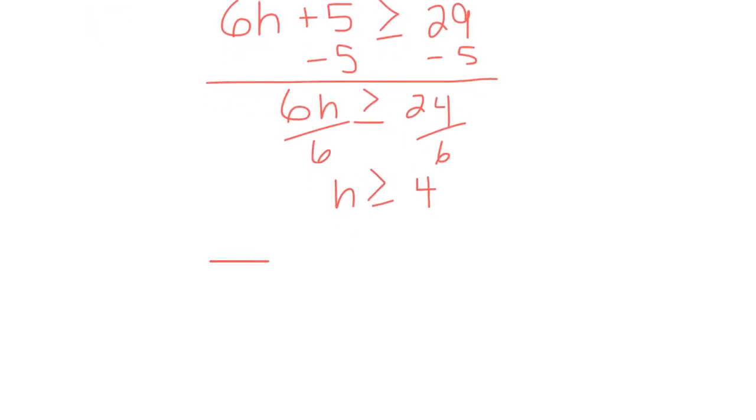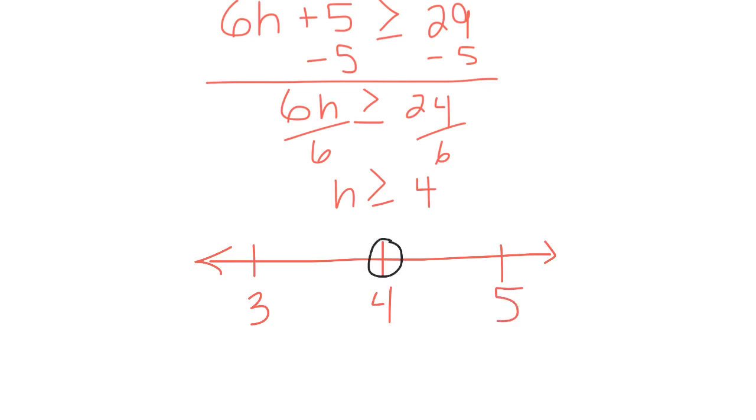So when I graph that, draw my number line, 3, 4, 5, my circle is at 4. There is an equal bar, so I'm going to fill that in.